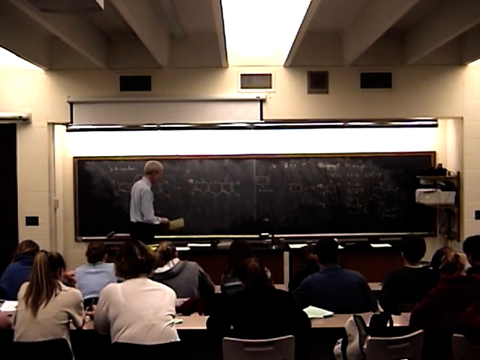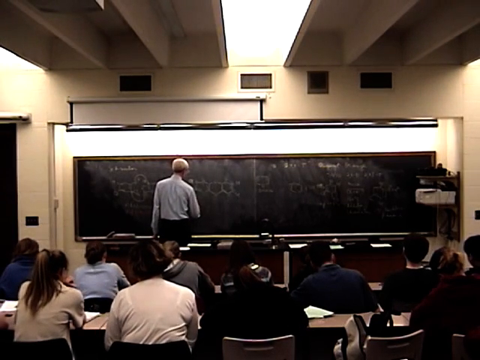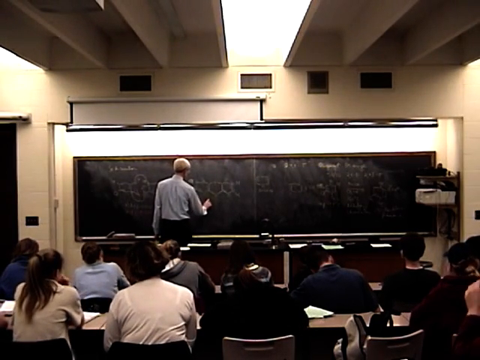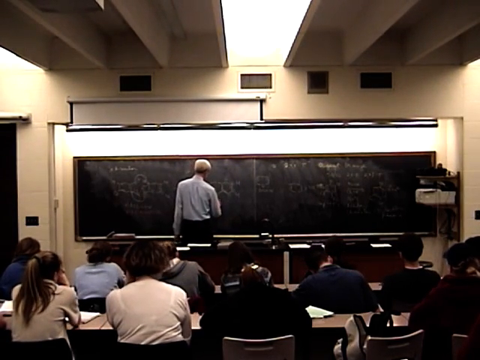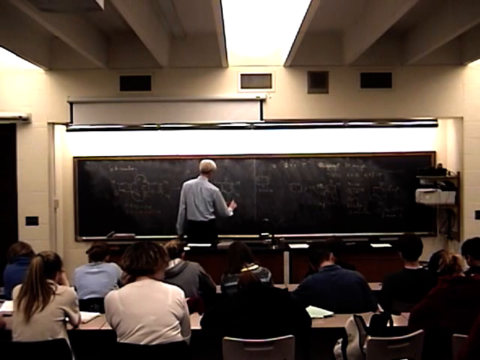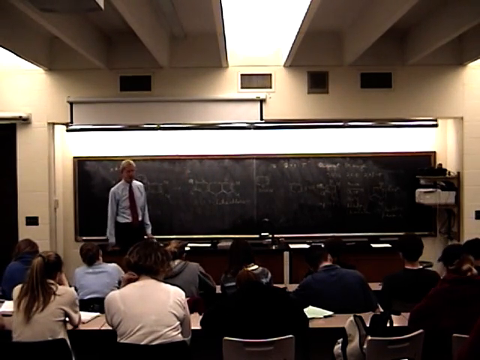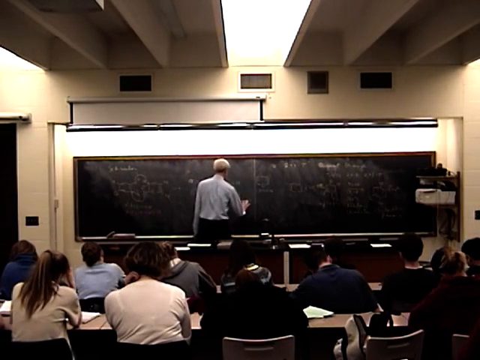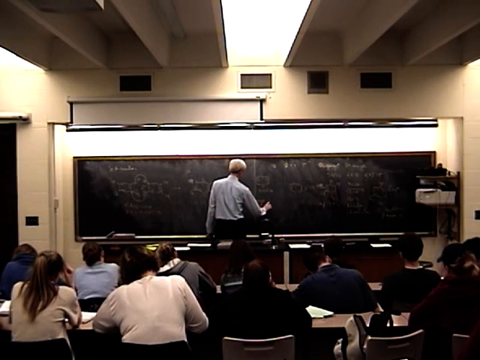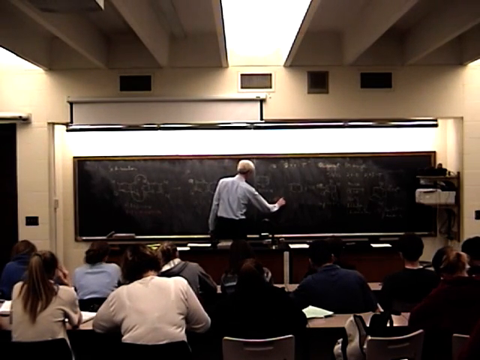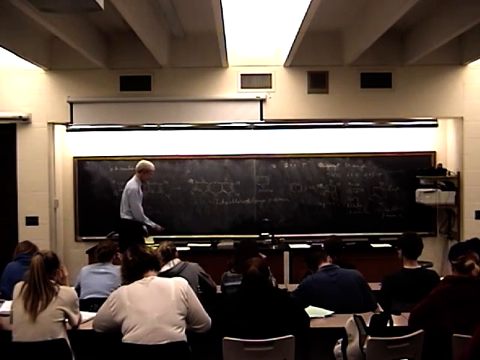So this is 2,3,6,7-tetrachloro. Now, because the oxygens are in a 1,4 position, we call it tetrachloro dibenzo, that's the benzene rings, para-dioxin. Or for short, it's called dioxin.